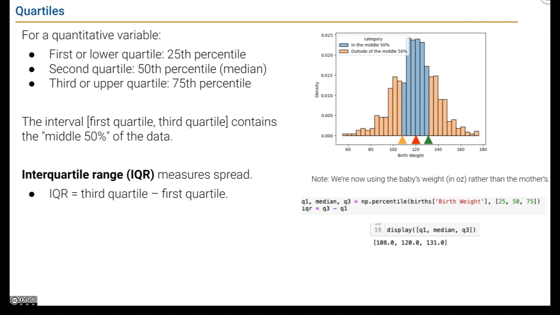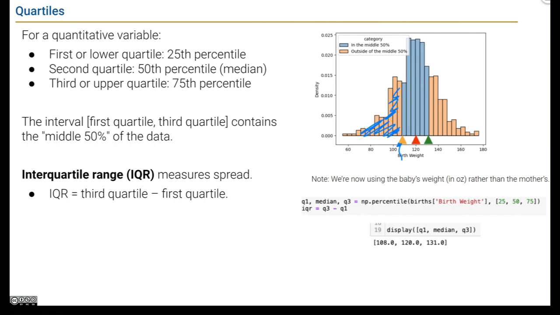So we actually have specific names for the 25th, 50th, and 75th percentiles. Those are called quartiles, and they're visualized here in our diagram by these values. So a birth weight of 108 is the 25th percentile because the area less than or equal to that is 25% of this entire histogram.